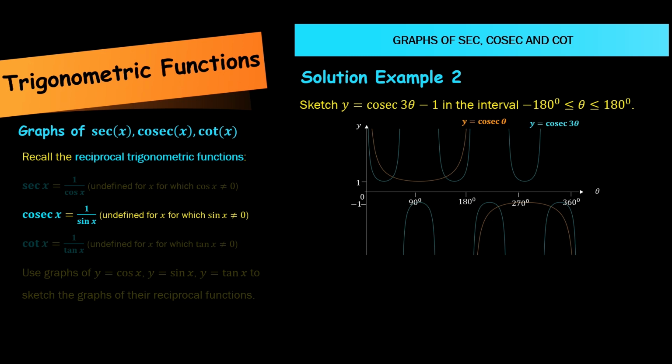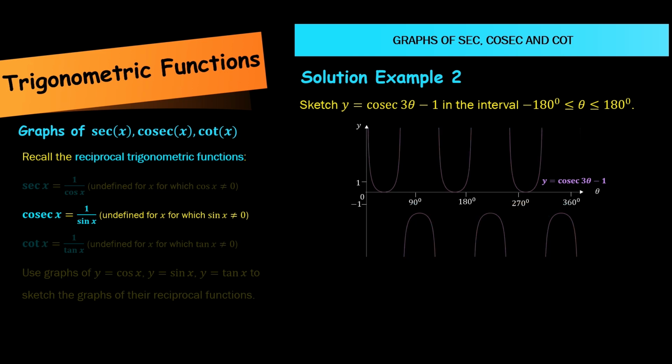Cosec 3 theta will look something like this. And y equals cosec 3 theta minus 1 is a shift in the y direction as shown in green. So it will look something like this.